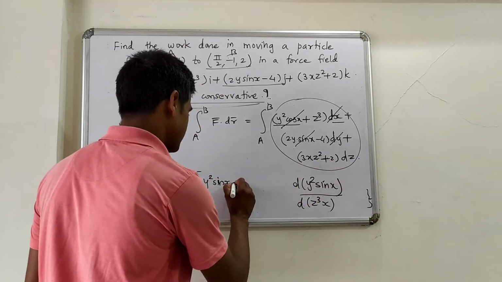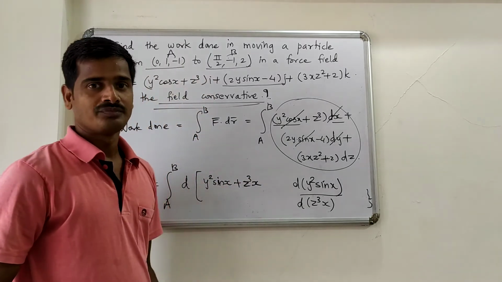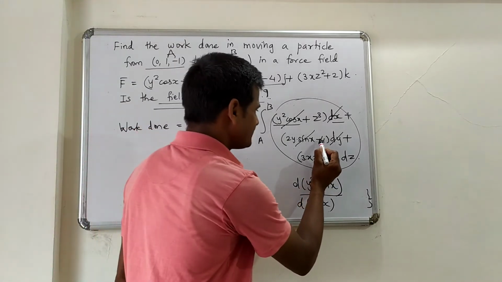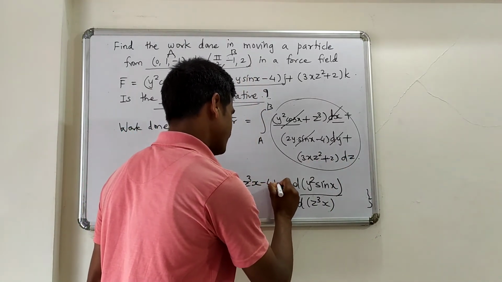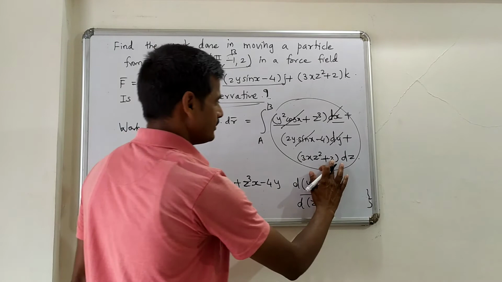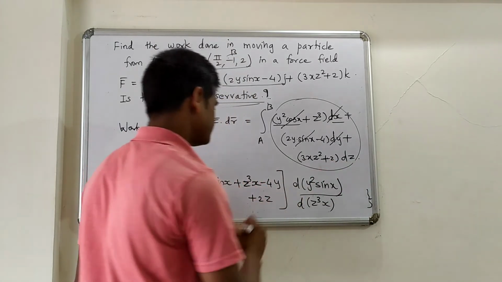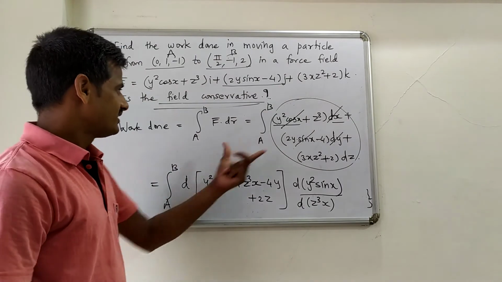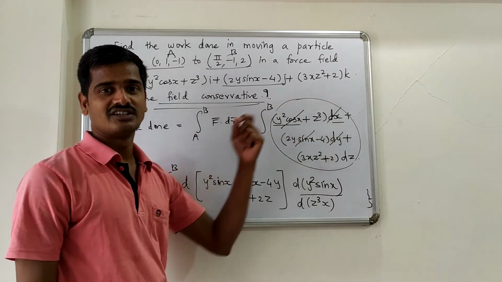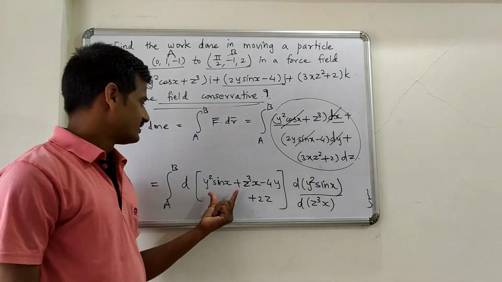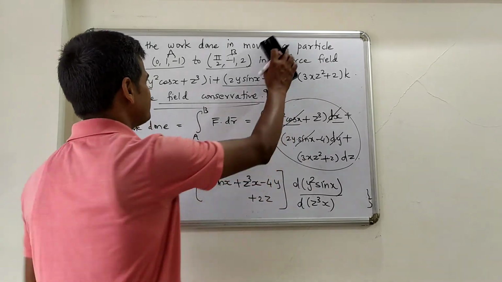So I write here plus z cube x, and minus 4 dy is the differentiation of minus 4y, and plus 2 dz is plus 2z. So this entire expression is the total derivative of this expression. Now the rest of the part is very simple.